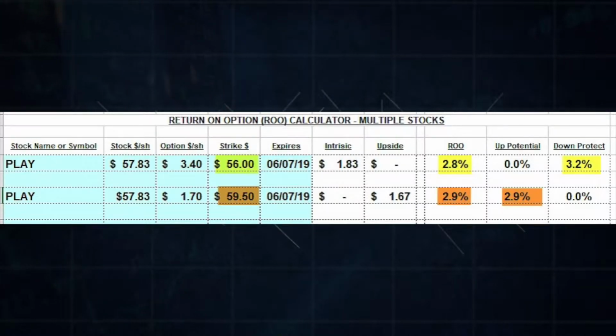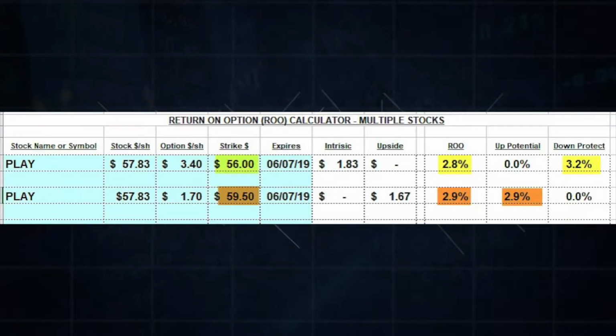That meets our range of 2 to 4%, and we have some downside protection. Remember, we'll use that higher delta option if we want additional downside protection. In this case, it's 3.2%. So what that means is we are guaranteed a 2.8% 1 month return as long as share value does not decline by more than 3.2%.